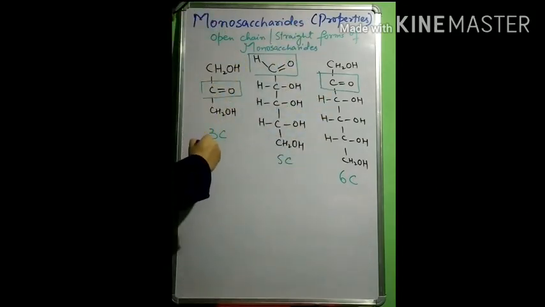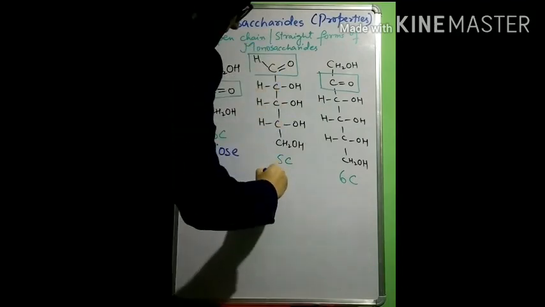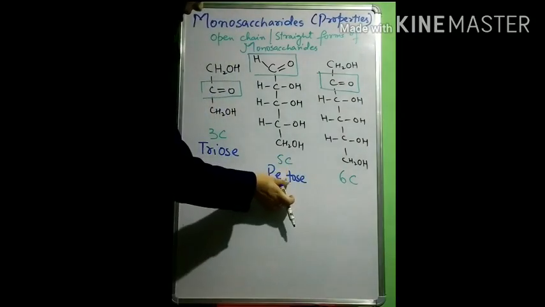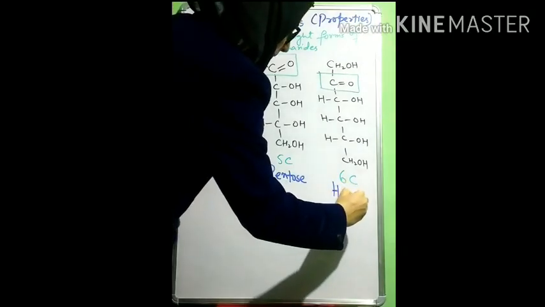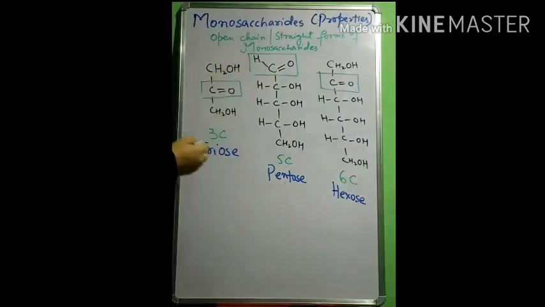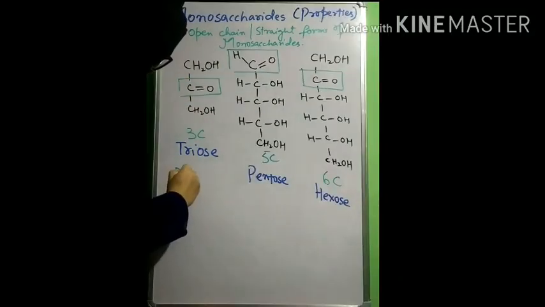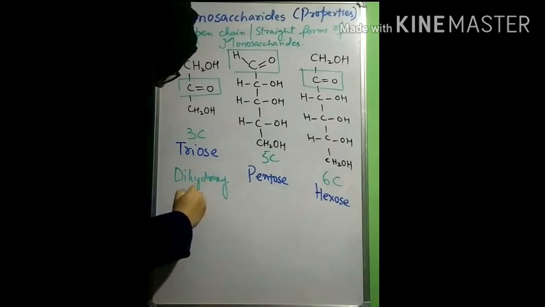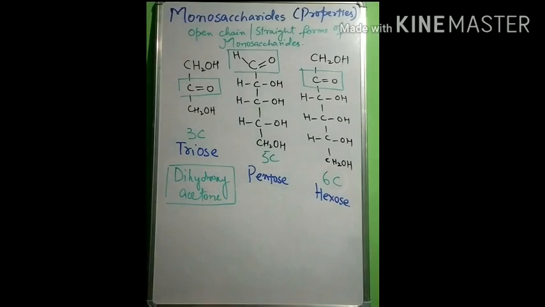This is what? Which class? It's a triose. This is a pentose. I'll make N proper. Pentose. This is a hexose. Can you guess the name? This one is dihydroxyacetone.